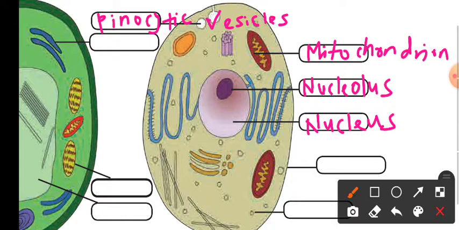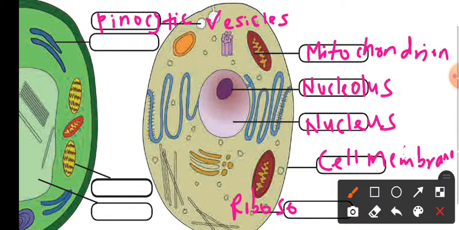In the same way, the nucleolus is the central part of the nucleus. Then we have a cell membrane. And this side is the ribosome. So these are the parts of the animal cell.